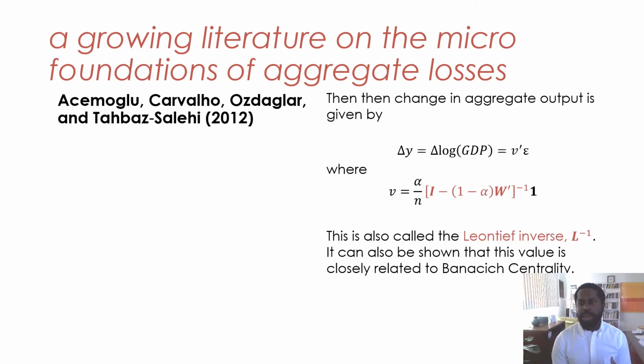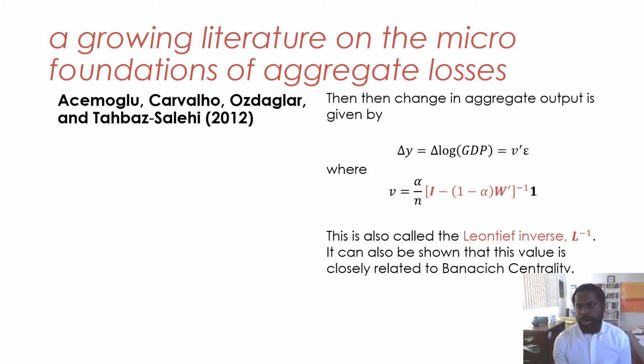And they then calculate the change in aggregate output given these shocks, which is then this change in Y given by multiplying these two vectors, the vector of shocks and this vector v, where v is defined as follows. We have this in red, which is often called the inverse Leontief matrix, with some other added weights given the production function, Cobb-Douglas production function weights on labor, alpha.